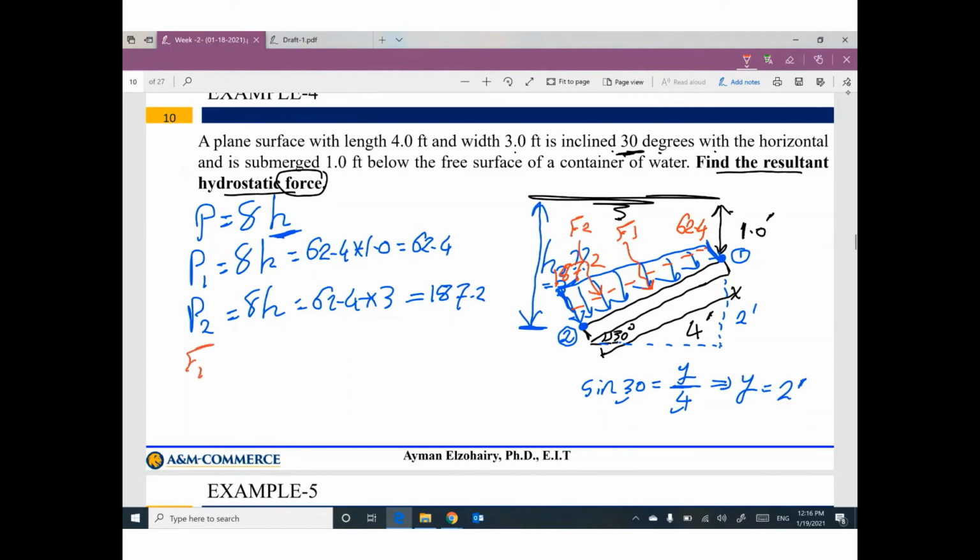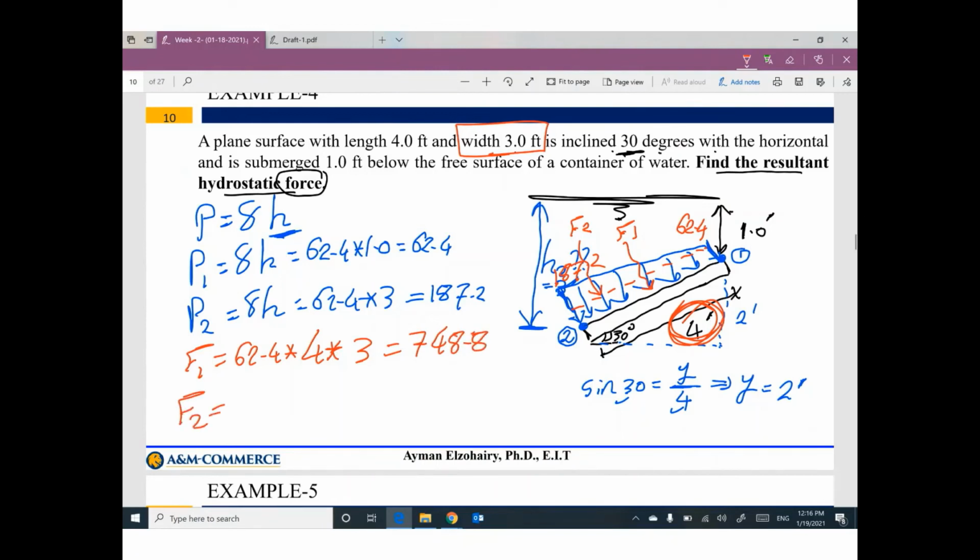The value of F1 equals 62.4 times the length of this gate, 4, times the width of this gate, 3, which is 748.8.